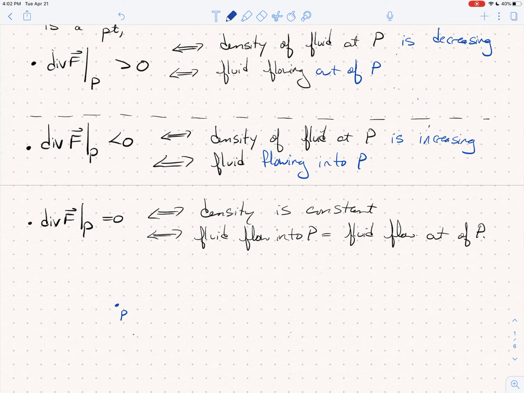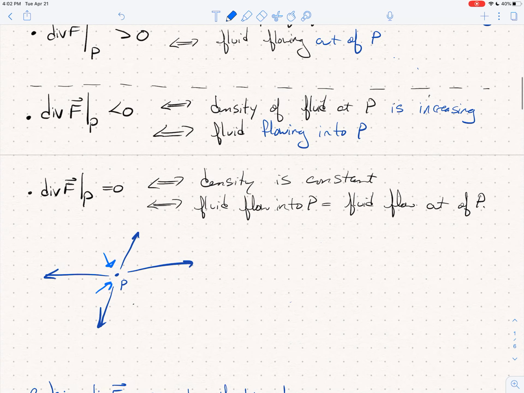This is just a rough picture, but let's imagine maybe some vectors shooting out of P. Here's this fluid coming out of P, and the longer the vector, that's also telling me the magnitude. Maybe I've only got a couple of little vectors flowing into P, and so it's pretty easy to see that if this was the situation, there's definitely more going out of P than there is coming into P. So the fluid is diverging from P, so we expect the divergence of the vector field at the point P to be positive.